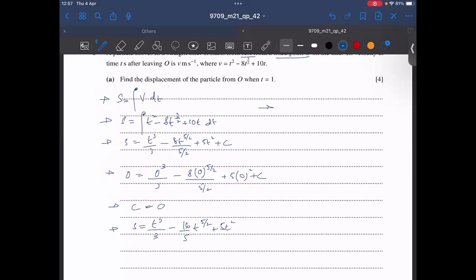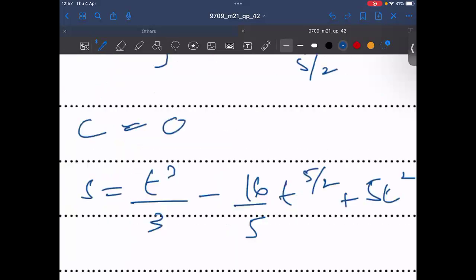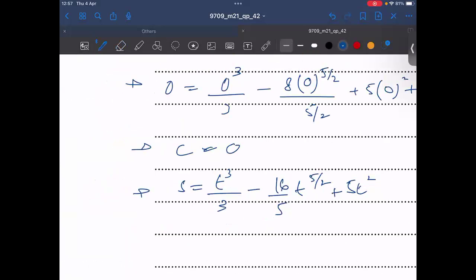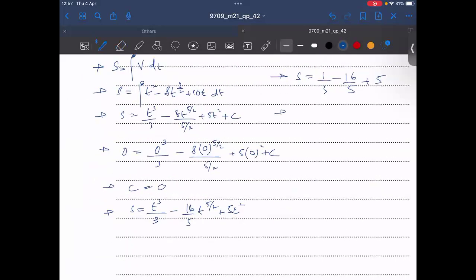I'm supposed to find this displacement when t equals 1, so it's going to be 1 over 3 minus 16 over 5 plus 5. That is 5 minus 48, minus 43 over 15, plus 5.